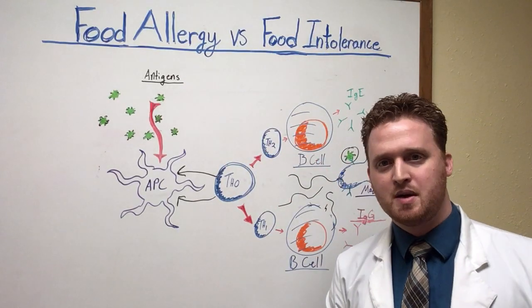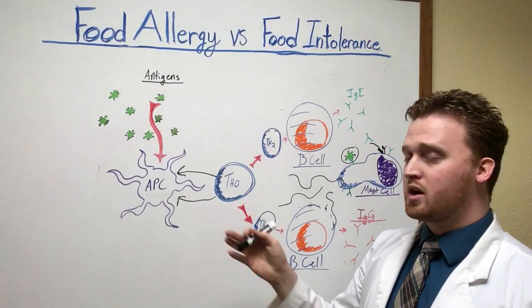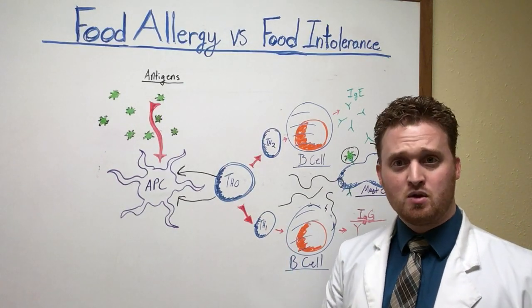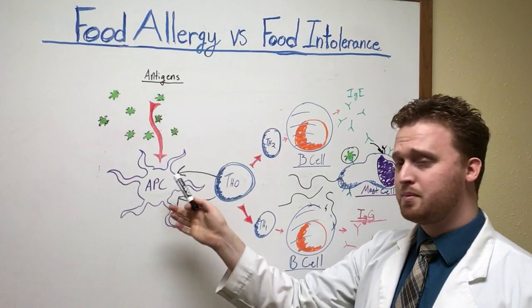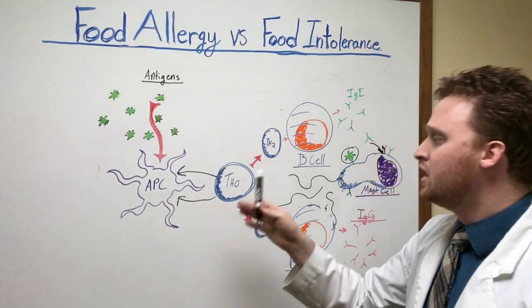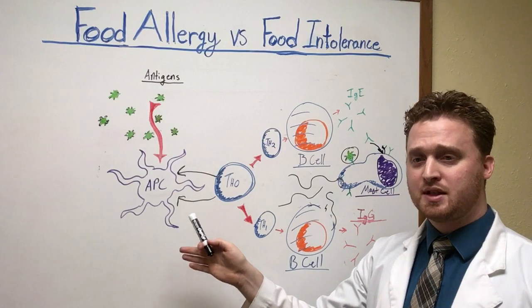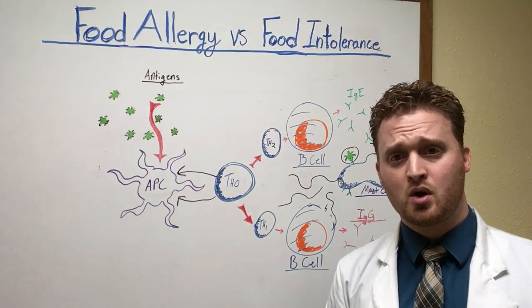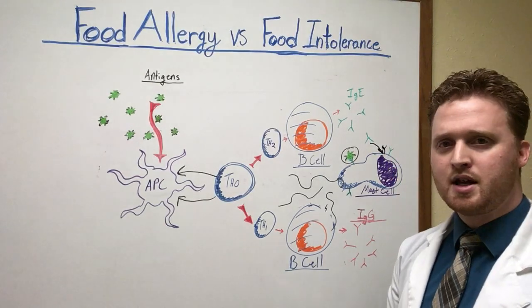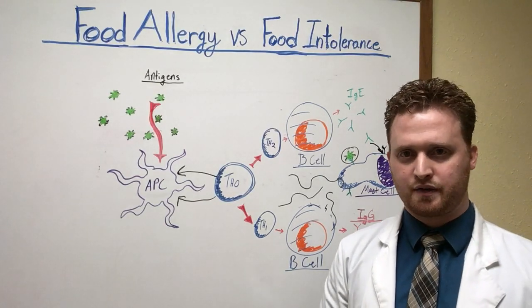Now, there's lots of theories behind this, but when we're looking at the body's immune system, again, the antigen is presented to the antigen presenting cell. The T cells then bind to the antigen presenting cell and produce what we call Th1. This is a normal immune response. The body is actually just trying to protect itself.